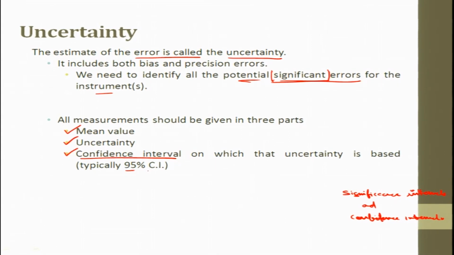Here, a 95% confidence interval means the significance level is 100% minus 95%, which is 5%. This is the significance level. The exact meaning we will discuss when I cover probability distributions, specifically the normal distribution. I will talk about confidence intervals, significance levels, and other parameters or statistics that are important.